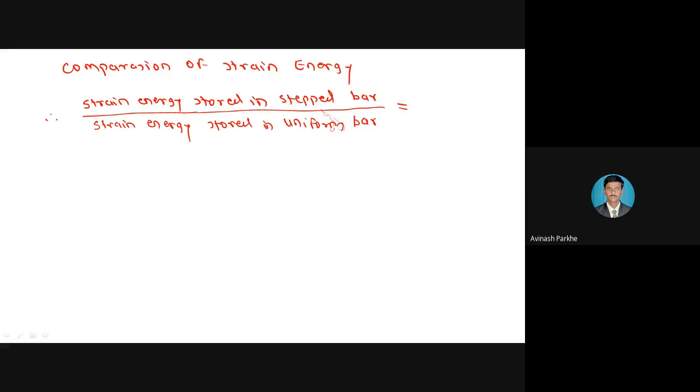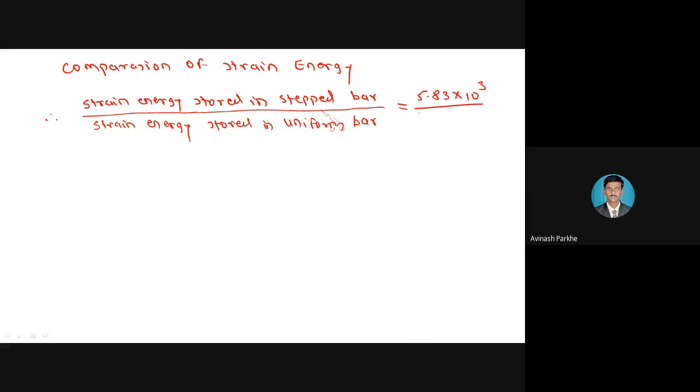So the strain energy stored in the stepped bar we have calculated is 5.83 into 10 raised to 3, divided by the value we have calculated for this, 51.98.